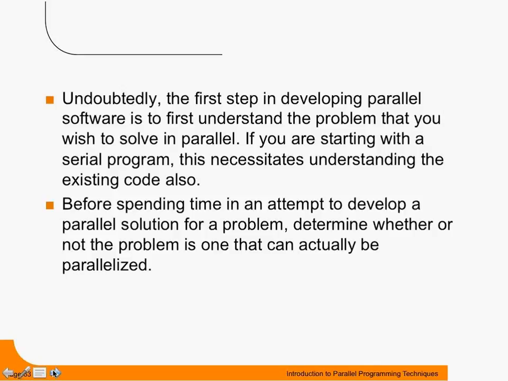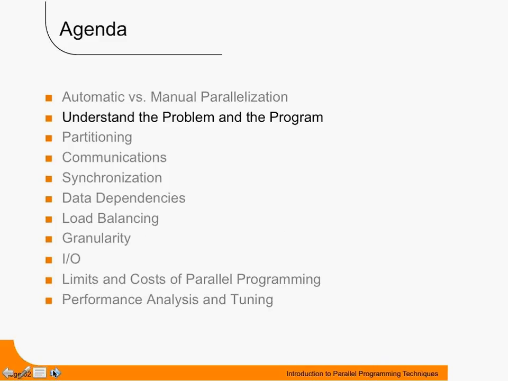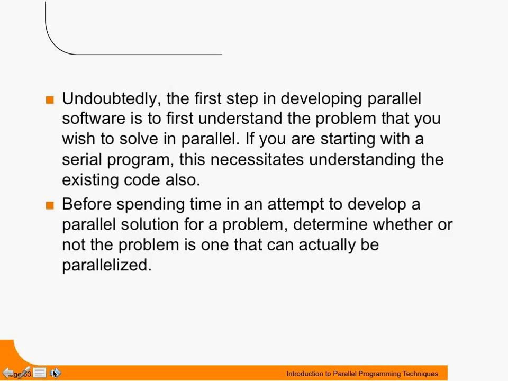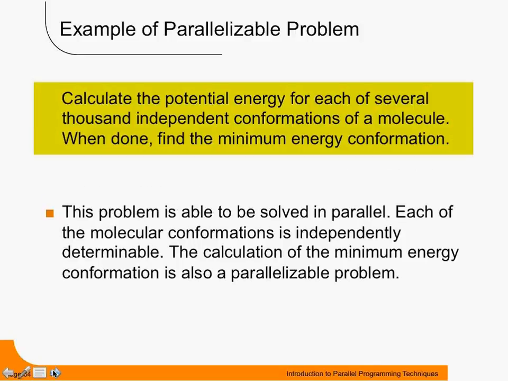Here is one thing about which code you can parallelize and which code cannot be parallelized. Let's take an example: calculating the potential energy for several independent conformations of a molecule.